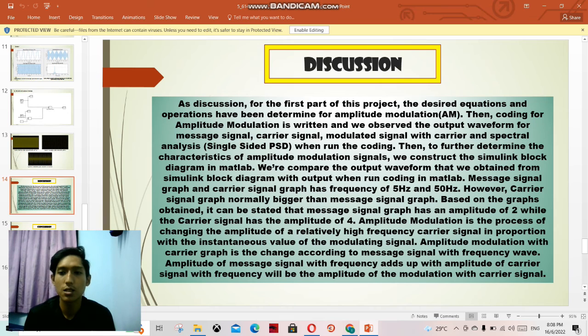Amplitude modulation is the process of changing the amplitude of a relatively high frequency carrier signal in proportion with the instantaneous value of the modulating signal. The amplitude modulation with carrier graph changes according to the message signal with frequency. The amplitude of the message signal adds up with the amplitude of the carrier signal to give the amplitude of the modulation with carrier signal.